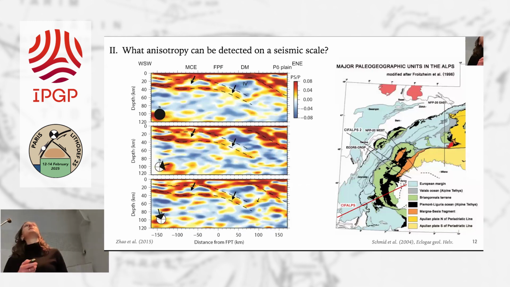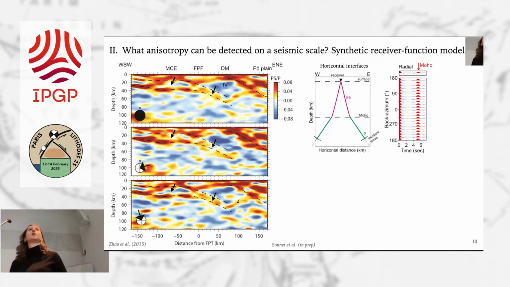So in the plunging panel, this effect could be the effect of the dip of the interface. And we can show this effect with a synthetic receiver function model. Here you have a 2D layer model with velocity that increases with depth.